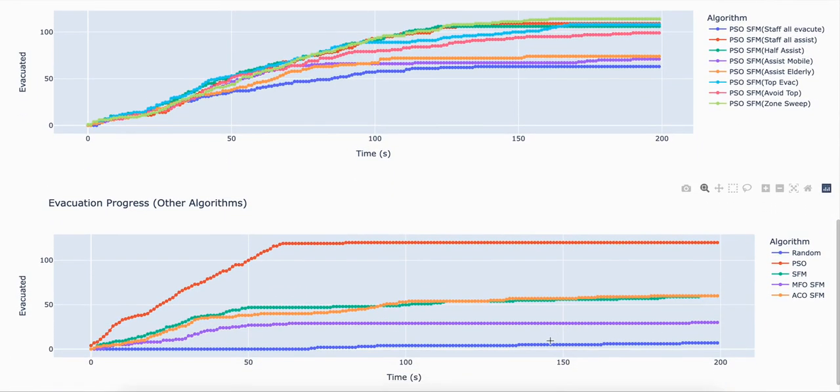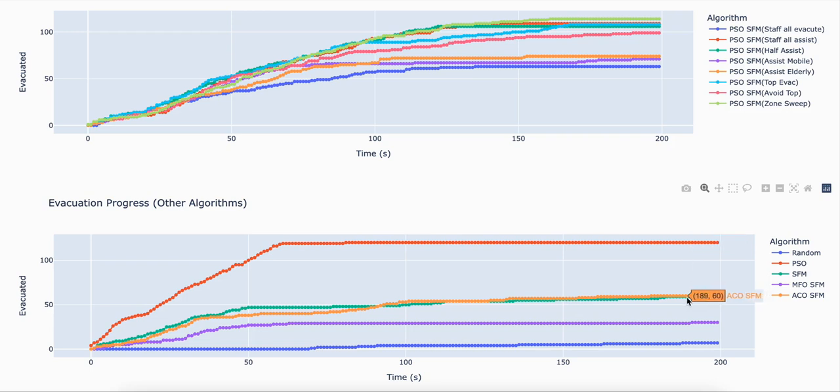If we see the comparative performance of other algorithms, we see that random is the poor one, because it's just random. We don't expect it to evacuate that much, and PSO is expected to evacuate every pedestrian out there, because everyone is a pure PSO agent here.